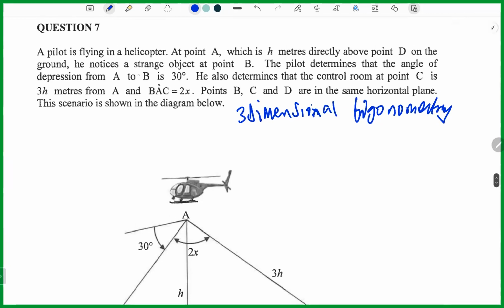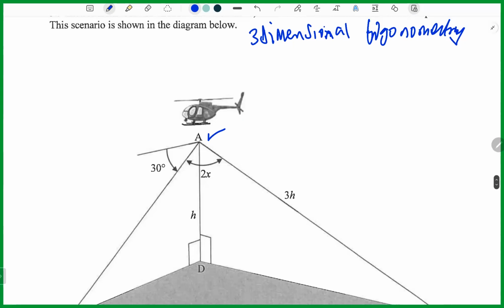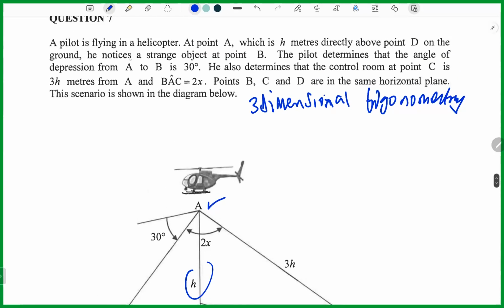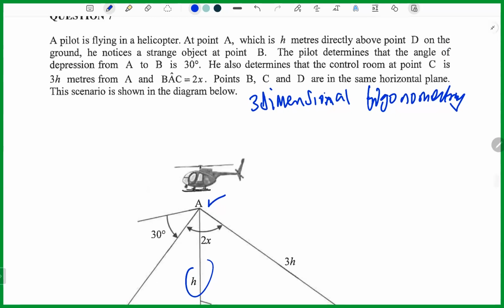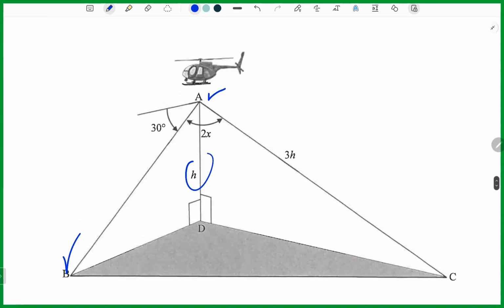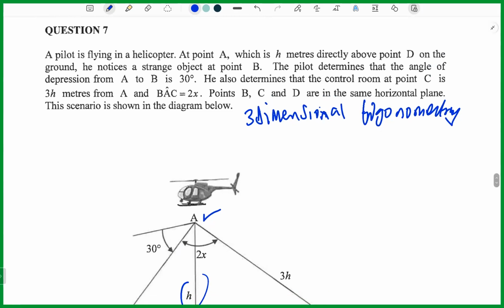A pilot is flying in a helicopter at point A, which is 8 meters directly above point D. On the ground, he notices a strange object at point B. The pilot determines that the angle of depression from A to B is 30 degrees.